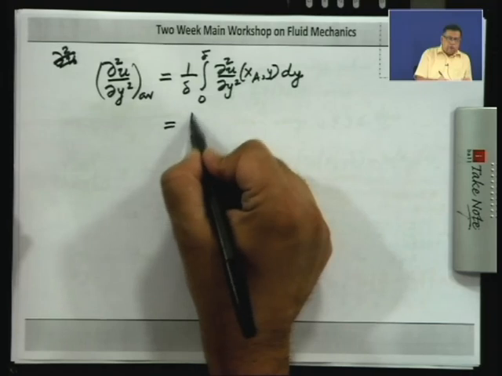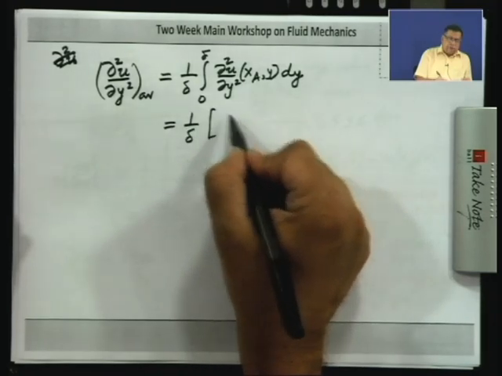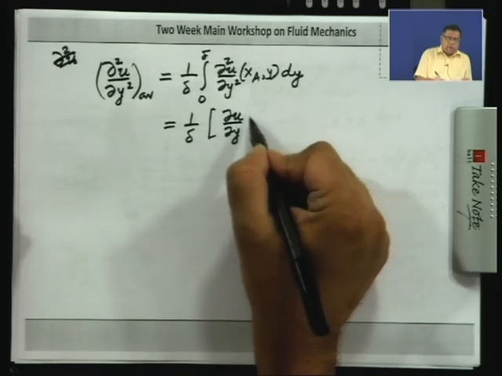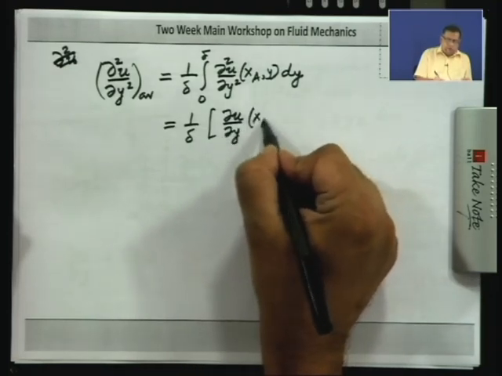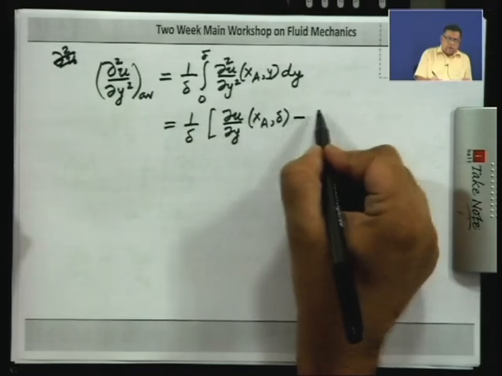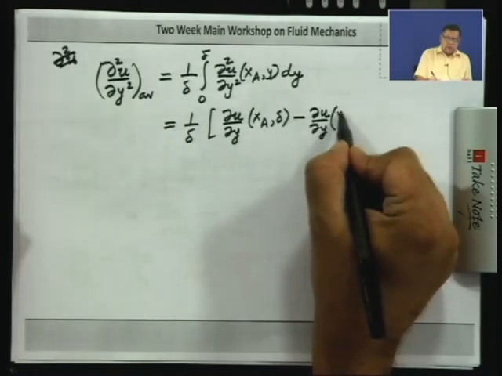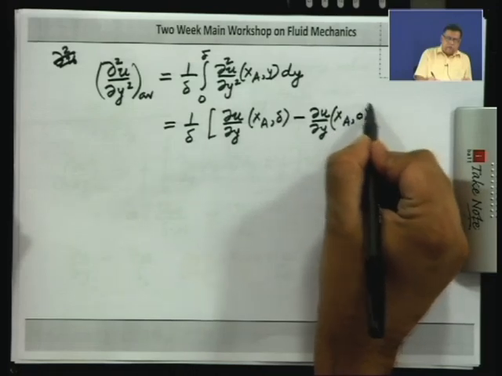So, this will give you 1 upon delta. Now, if I integrate del 2 u del y square, I will get del u del y, and this is a definite integral. So, this will be del u del y at x a comma delta minus del u del y at x a comma 0.